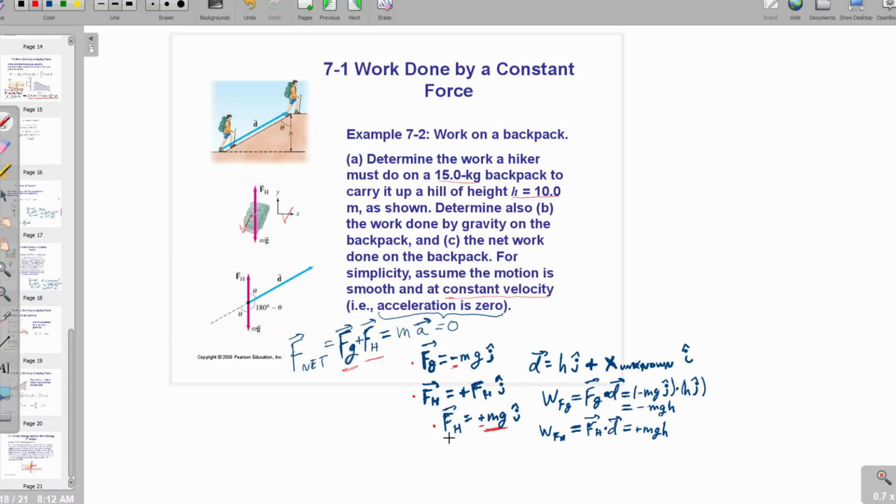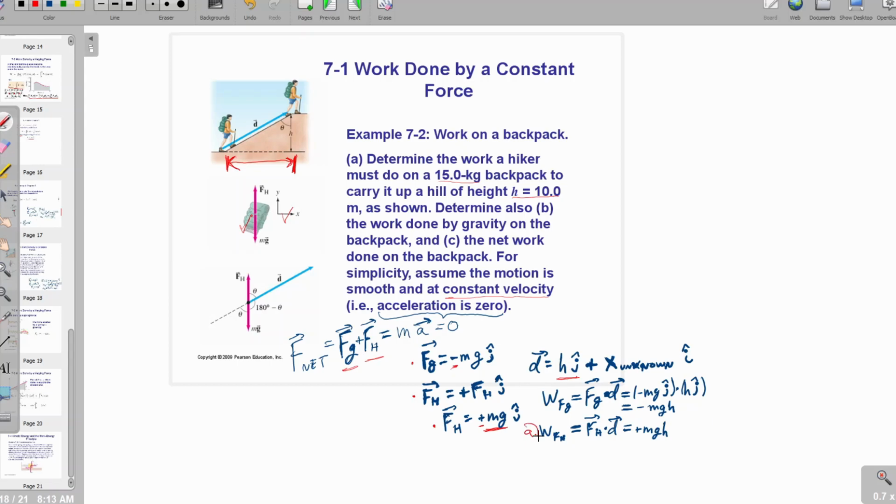Then the displacement vector is going up a distance h, which is the one that is interesting to us, and then it also has this x component, which we don't know, this distance here. We're not told that in the statement of the problem, but that's okay because we'll see how that doesn't matter. Now, in part A, I'm asked to find the work that the hiker does, so that would be this part here.